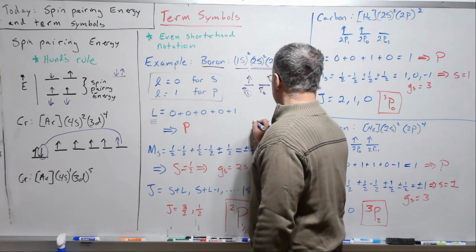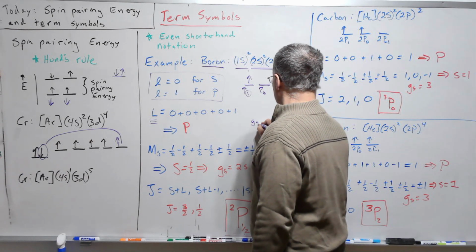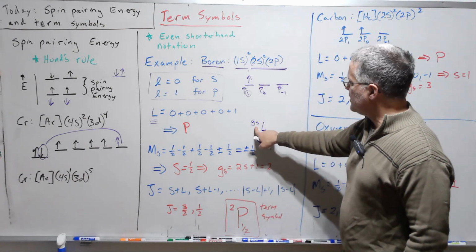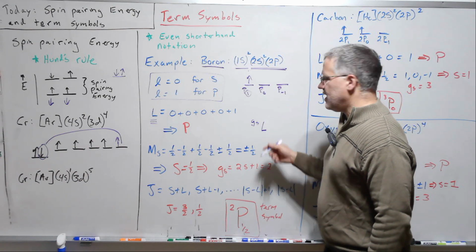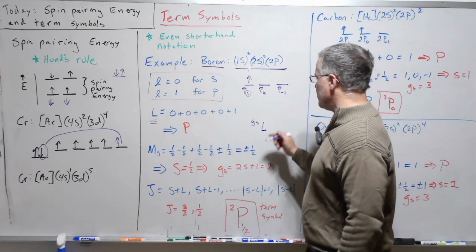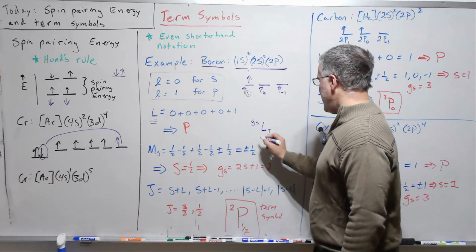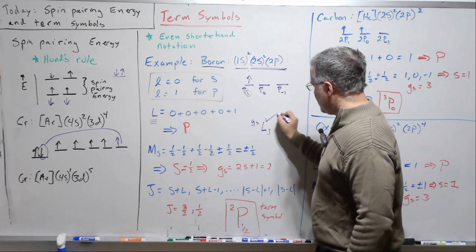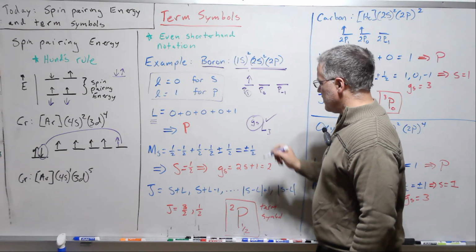We're going to decorate this up here with the degeneracy of the spin states, and then a total angular momentum, L plus S states. And so there's a J down here. And so we've gotten this first one. So L is P. Now let's get this one here.